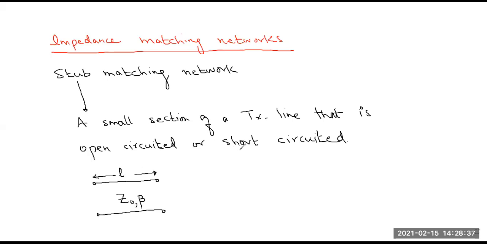If it is open circuited, it means that on the output of this transmission line we don't connect anything between these two terminals. It means that ZL, the load of this transmission line, is infinity, which we call an open circuited load.